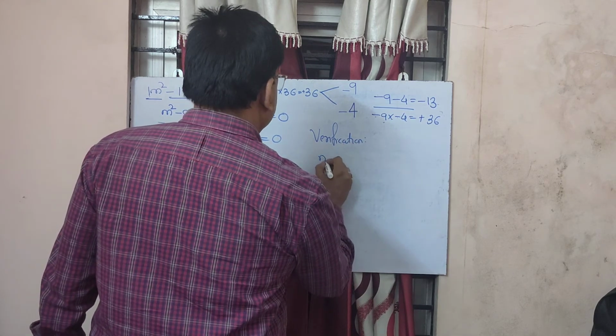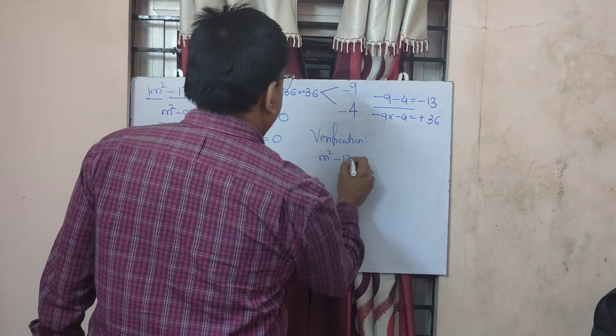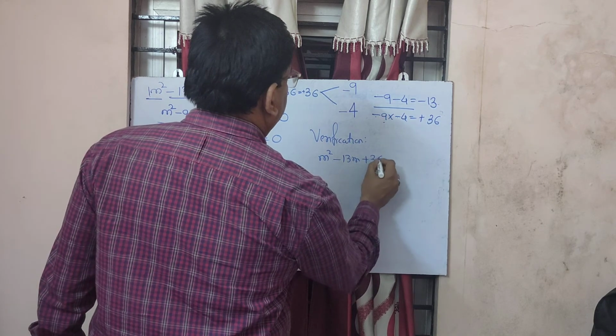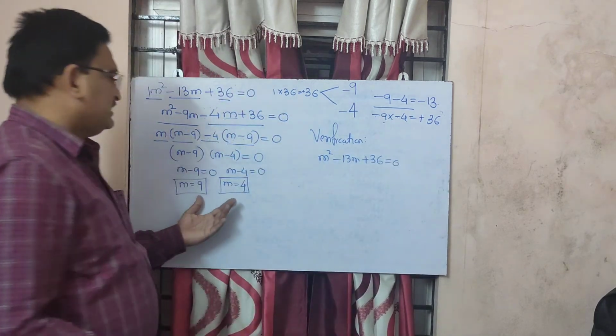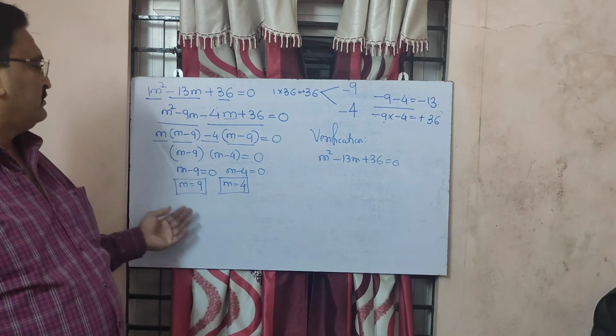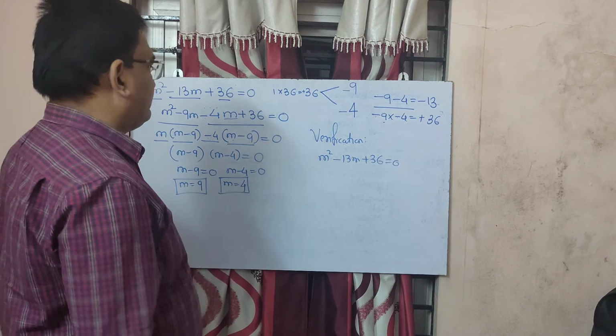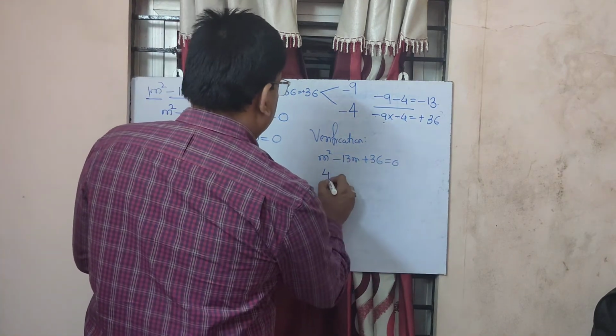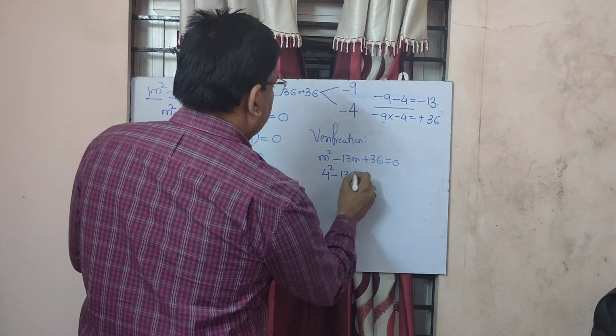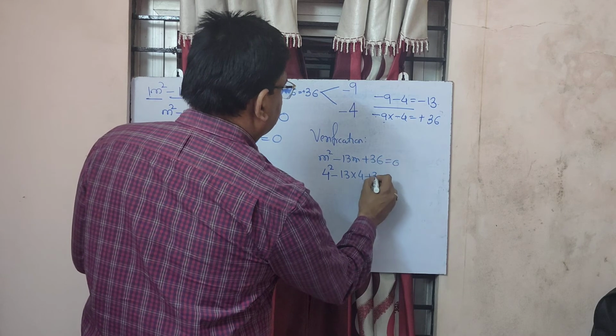So take the equation m square minus 13m plus 36. Take any of these two numbers, 9 or 4. Let us take 4. 4 square minus 13 into 4 plus 36.